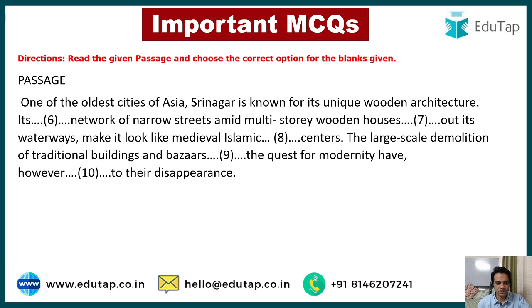The large-scale demolition of traditional buildings and bazaars dash the quest for modernity have, however, dashed to their disappearance. So I think this is a reflective passage about Srinagar in India, and let's look at the options. Let's see what could be the right answer.